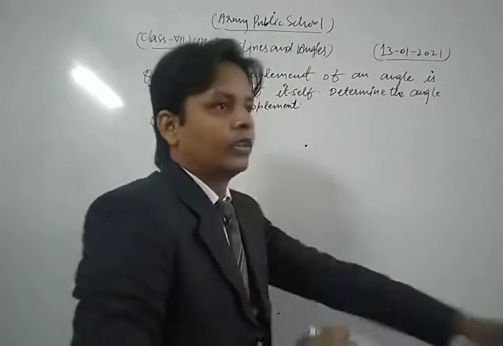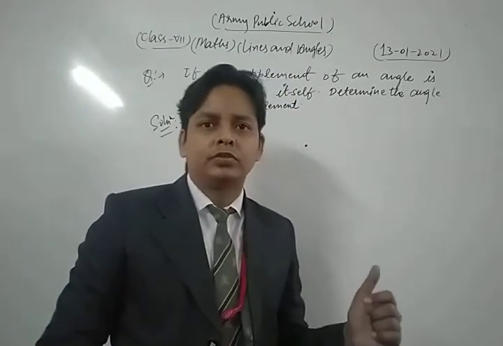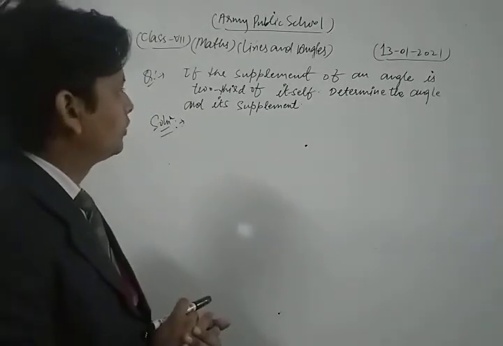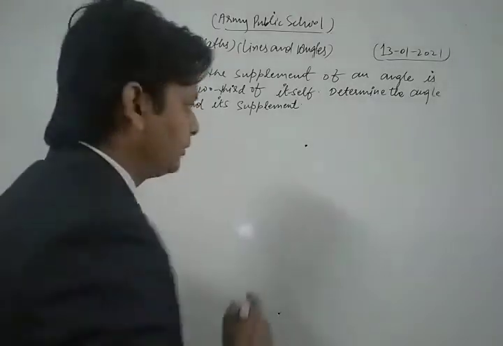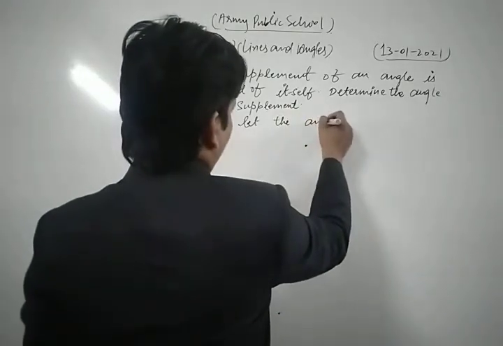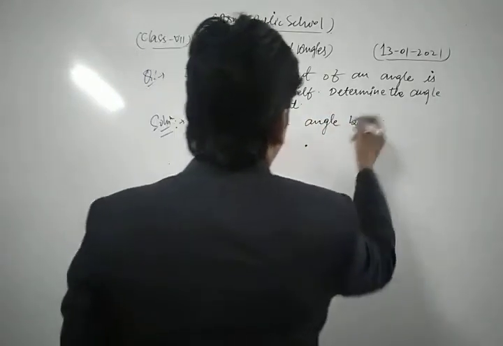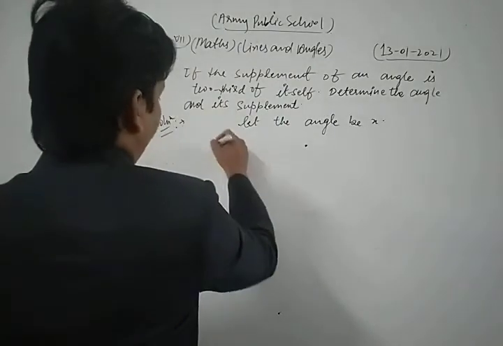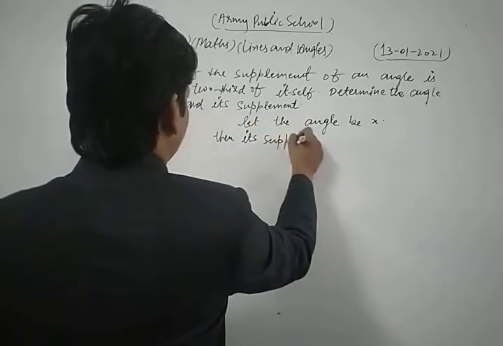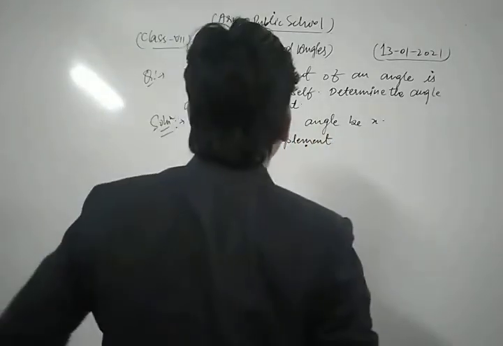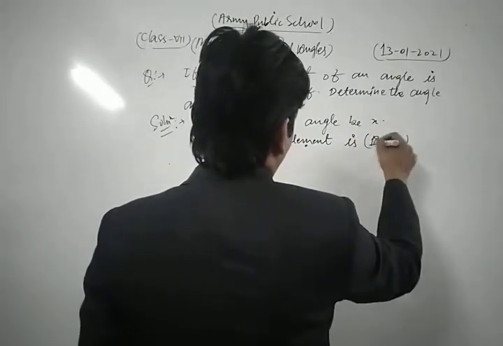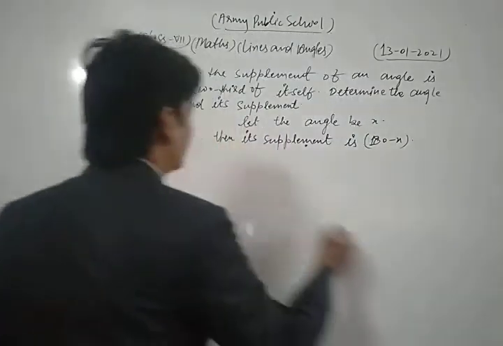Dear students, in this question, first of all, what is given? If the supplement of an angle is 2/3 of itself, so first of all let the angle be x. Then its supplement is 180 minus x.